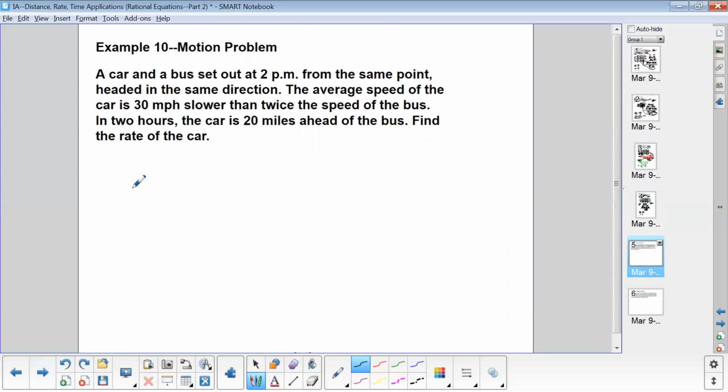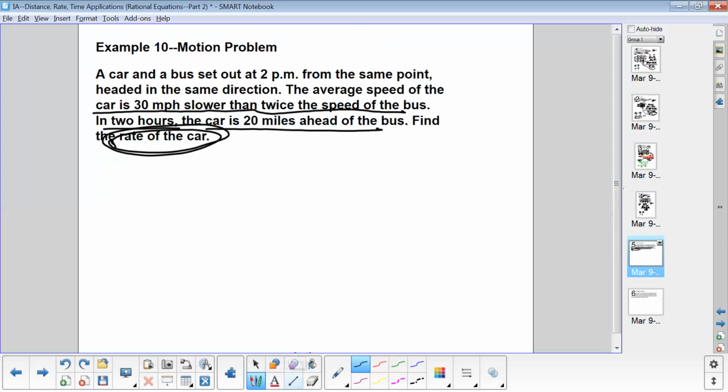Example 10. A car and a bus set out at 2 p.m. from the same point, heading in the same direction. The average speed of the car is 30 miles an hour slower than twice the speed of the bus. In 2 hours, where they're both traveling, the car is 20 miles ahead of the bus. We want to find the rate of the car.